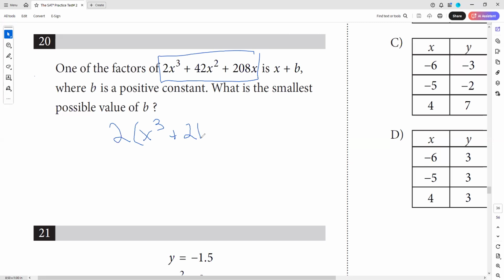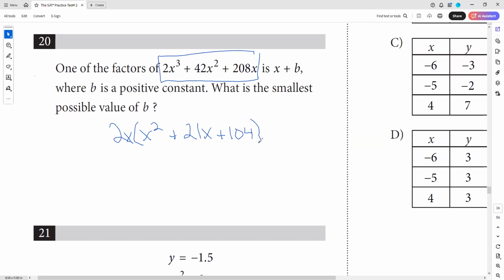Let's factor 2x, not just 2, so we can do it all at once instead of one thing at a time. So 2x, when we divide 2x cubed by 2x, we get x squared plus 21x plus 104. All right, so that's factored. 2x times x squared plus 21x plus 104.